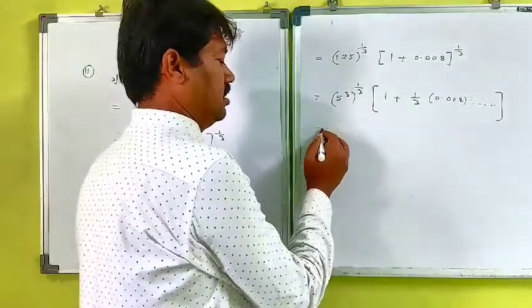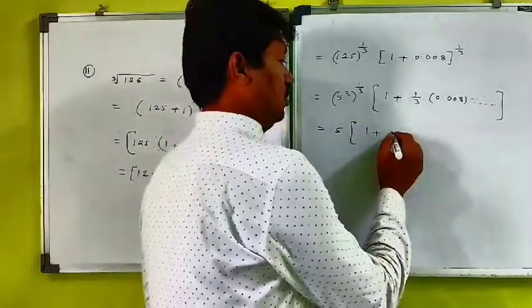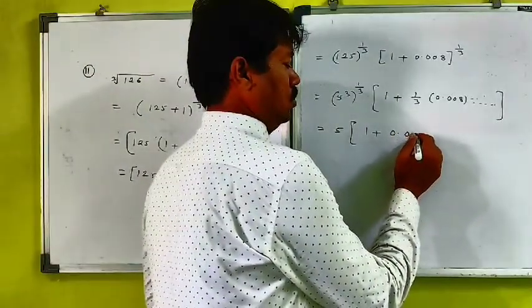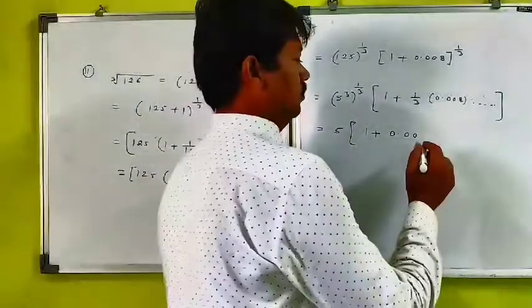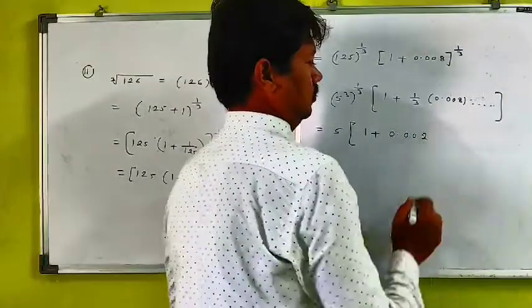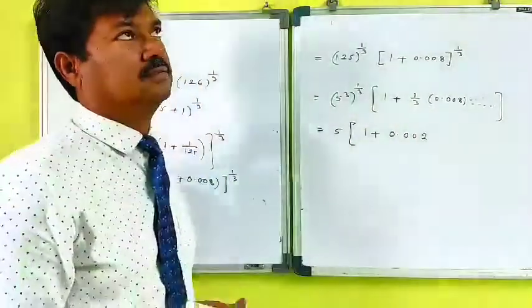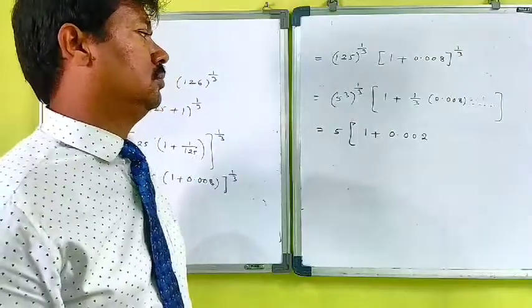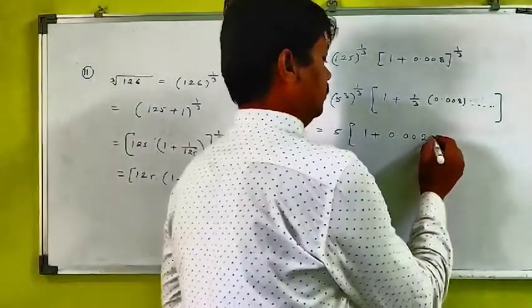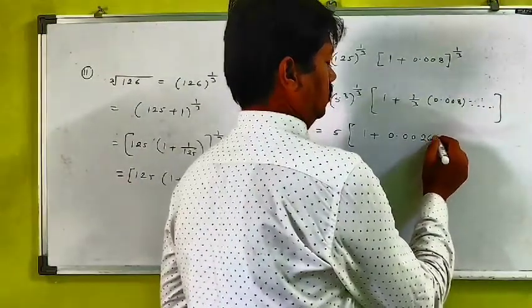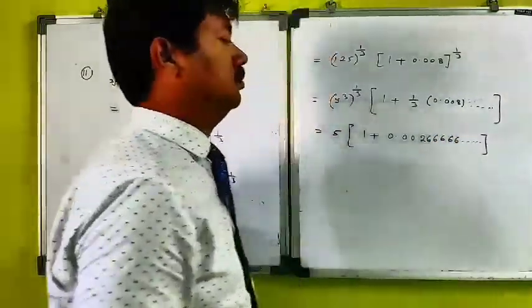So it is 5 into 1 plus, if you divide this, that will become 0.002, then 3 twos are 6, again 2, so it is 6, 20, 2 6, 6, 6, 6, and so on.